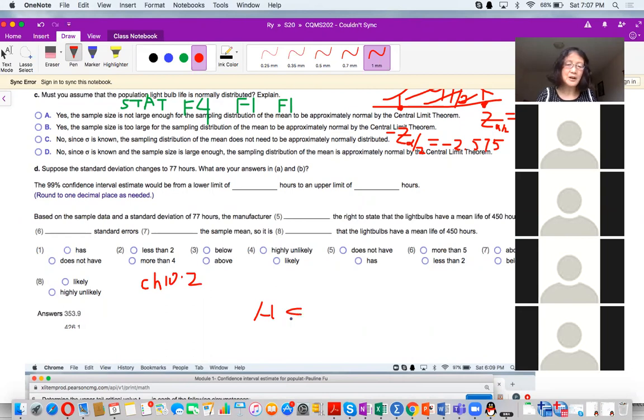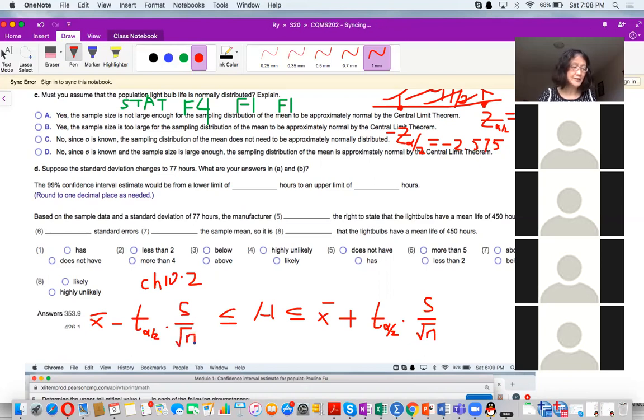Mu is smaller or equal to sample mean plus T half alpha multiplied by sample standard deviation S divided by the square root of sample size. This is the upper bound. Lower bound, sample mean X bar minus T half alpha times sample standard deviation divided by square root of sample size. So this is the formula method.